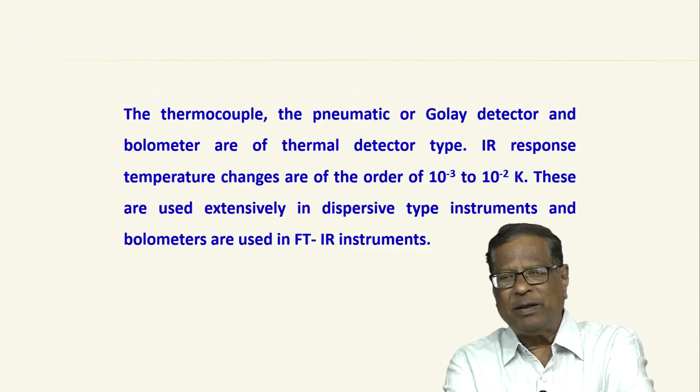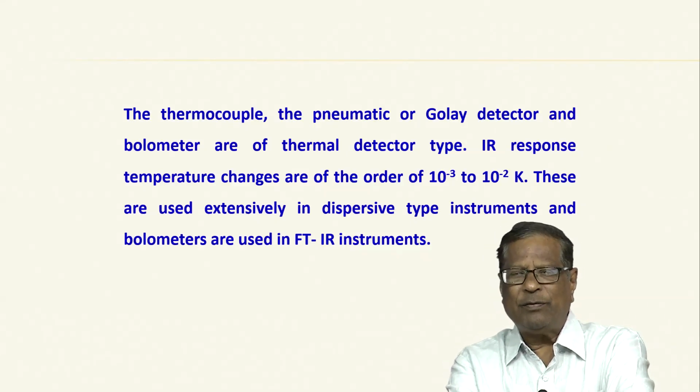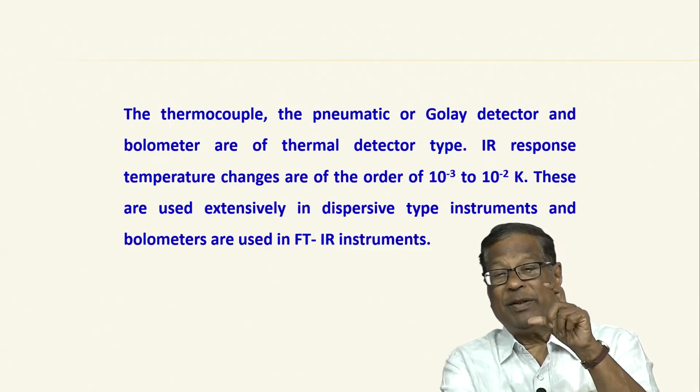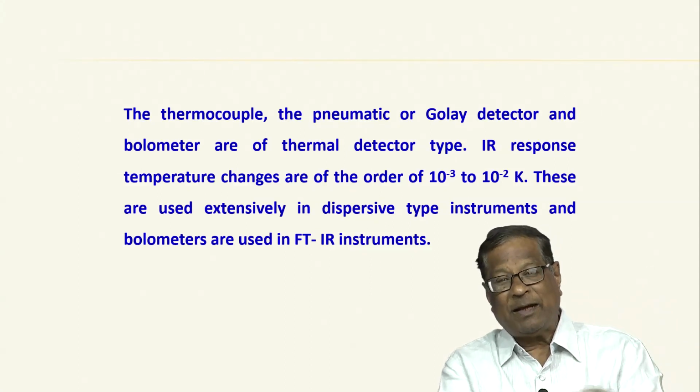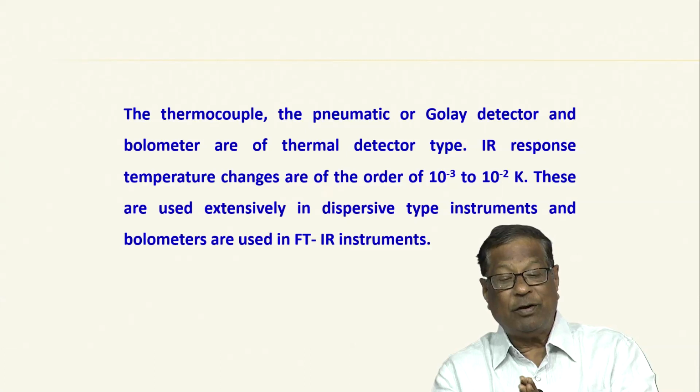So, the radiation coming out of the sample is much less when part of it is absorbed. So, what is the difference between the absorbed and unabsorbed radiation? Delta T is what we are looking for.